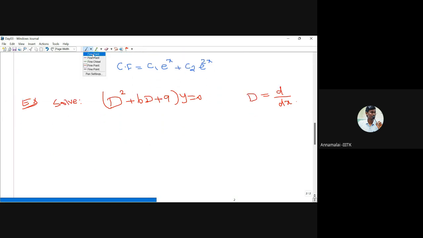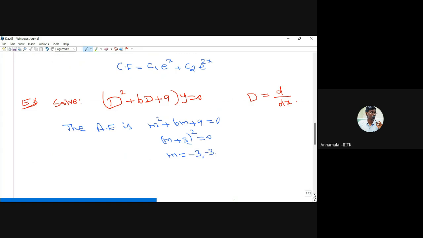Again, you try the auxiliary equation. So the auxiliary equation is m² plus 6m plus 9 equal to 0. This is nothing but (m plus 3) whole square equal to 0. So therefore the roots are minus 3, repeated 2 times.